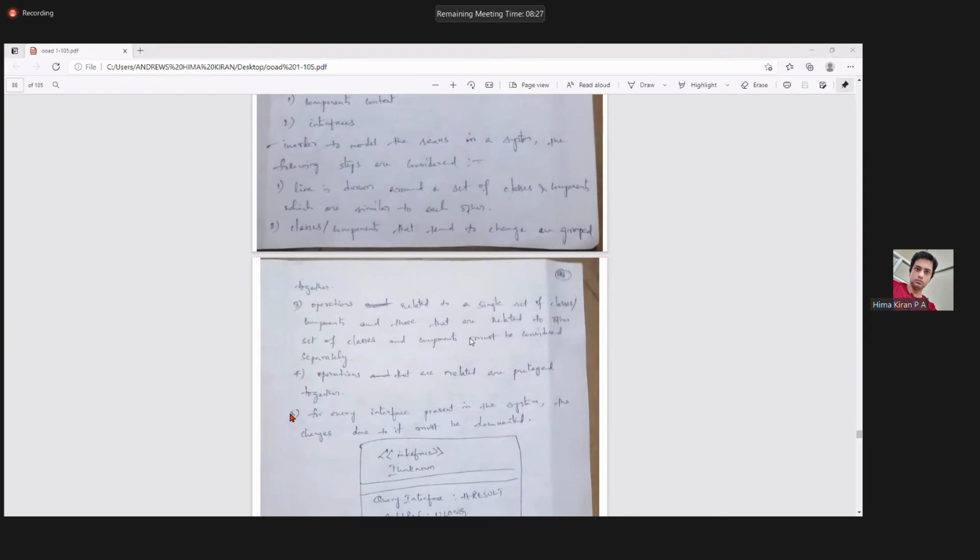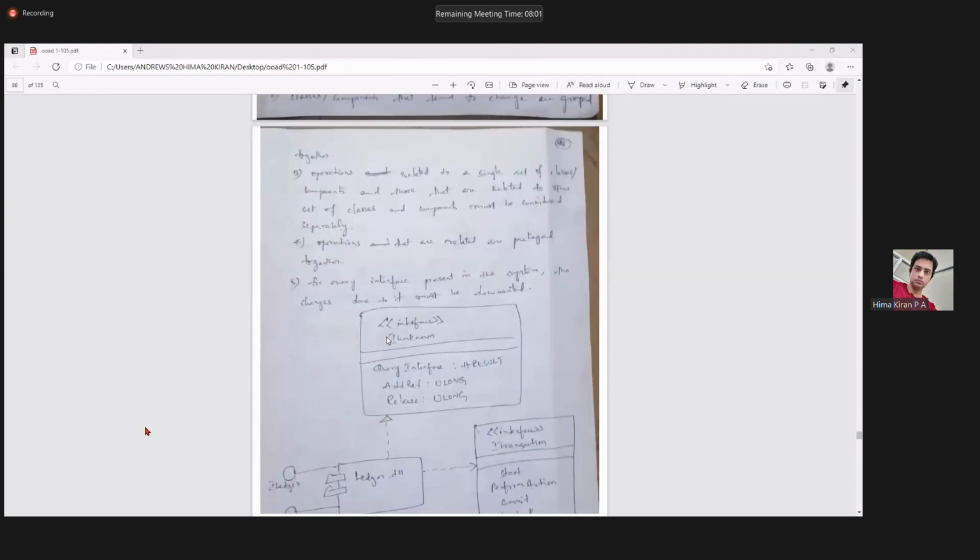Third point, operations related to a single set of classes or components, and those that are related to another set of classes and components, must be considered separately. So the third point also speaks about the first two points only. The static classes have to be grouped together, and the dynamic classes have to be grouped together. Next, operations that are related are packaged together.